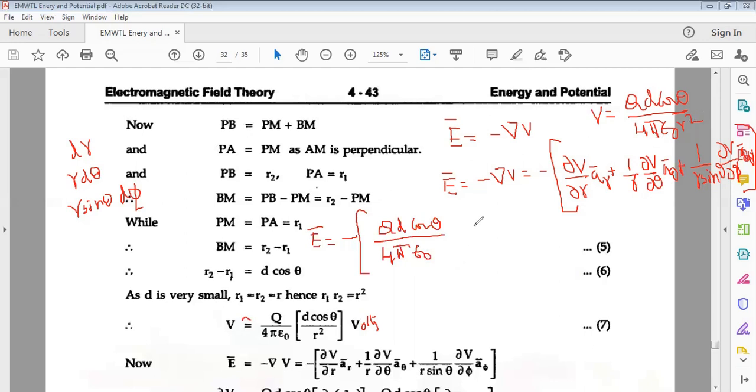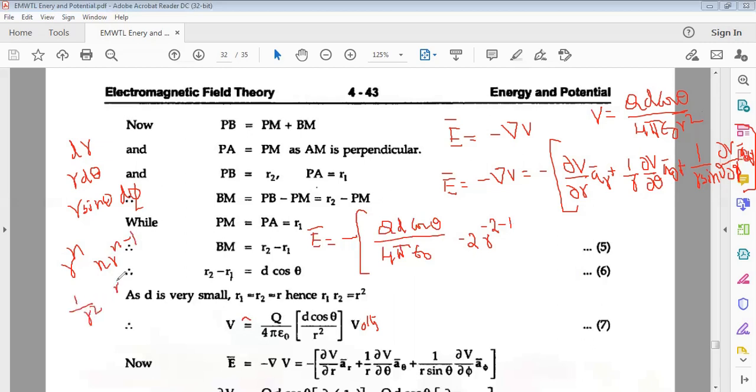R square means you can write it as R power minus 2. The derivative is minus 2 R power minus 2 minus 1. Okay. So for R power n, the derivative is n into R power n minus 1.